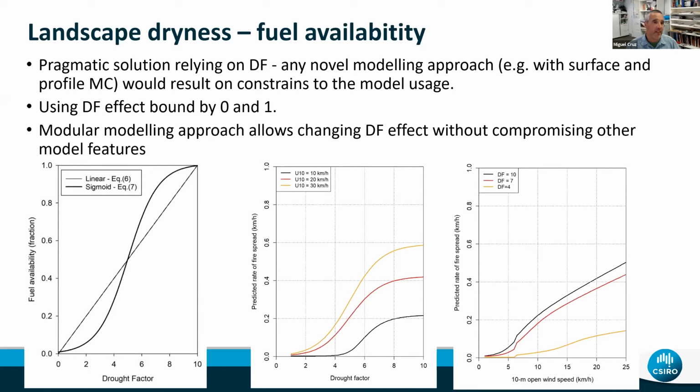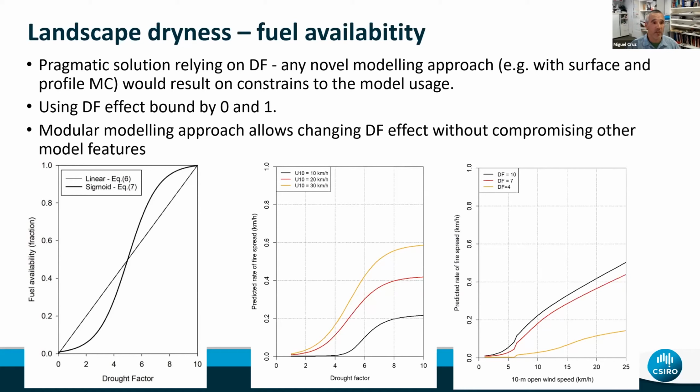We found that the sigmoid provided a better fit when evaluating the model against the wildfire data, indicating that the sigmoid function probably captures better what's happening in the field in terms of this link between drought factor and fuel availability.